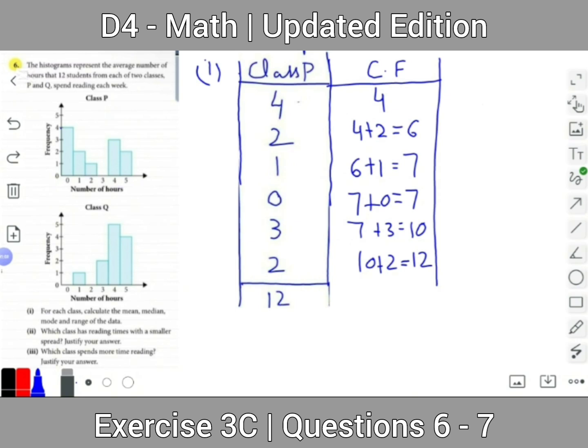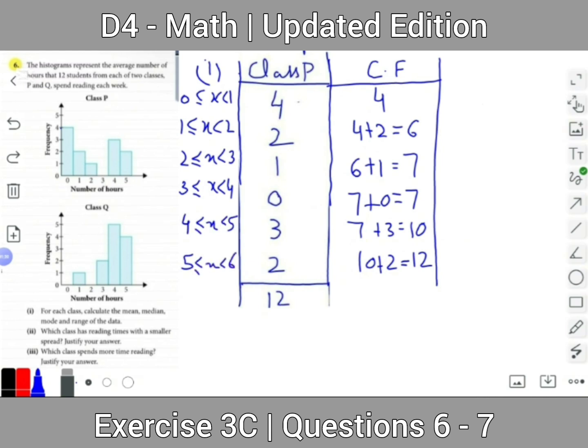The classes are 0 ≤ x < 1, 1 ≤ x < 2, 2 ≤ x < 3, 3 ≤ x < 4, 4 ≤ x < 5, and 5 ≤ x < 6.